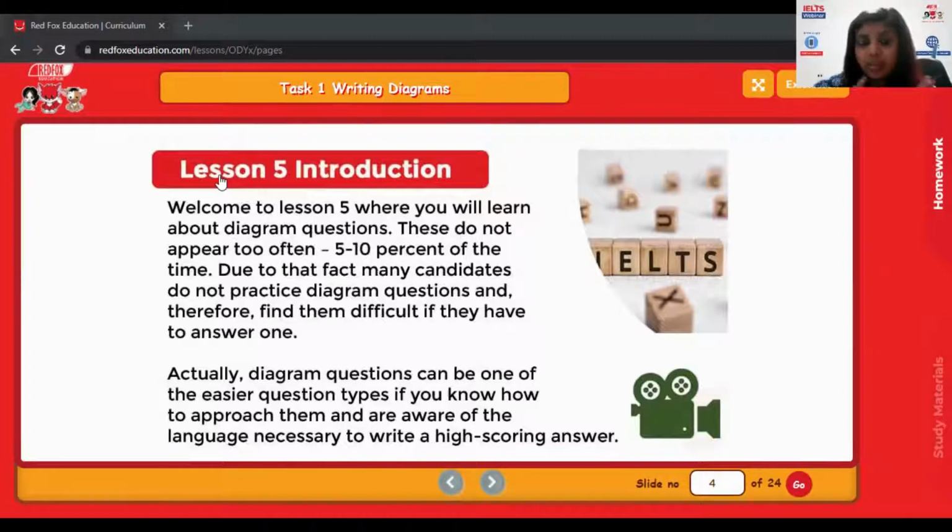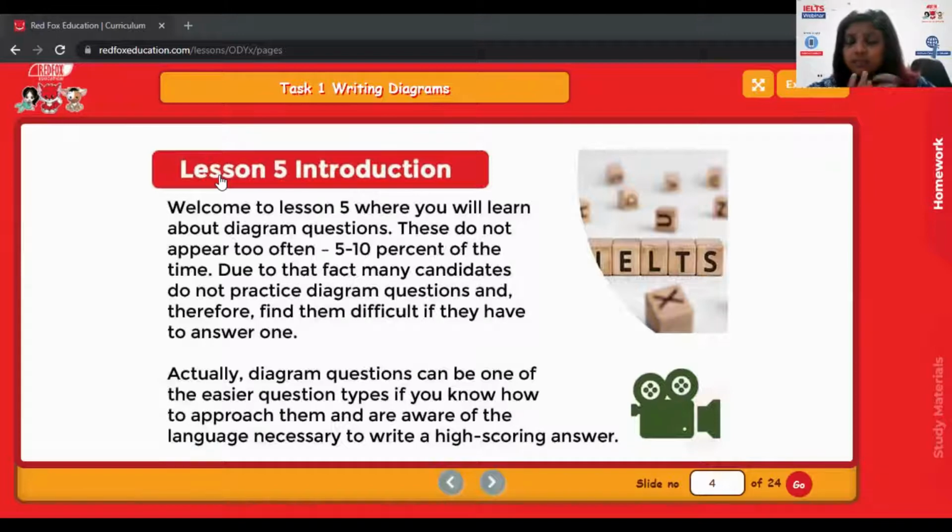While process diagrams might seem harder than bar or line charts or graphs, they are actually quite simple. If you avoid being very scared, you can write a perfect and very strong essay on the diagram questions. Basically you just have to describe the diagram, and describing a diagram is so much easier than describing a technical bar graph or a pie chart.